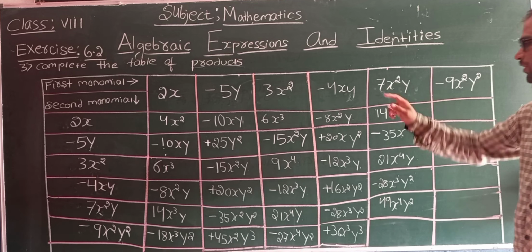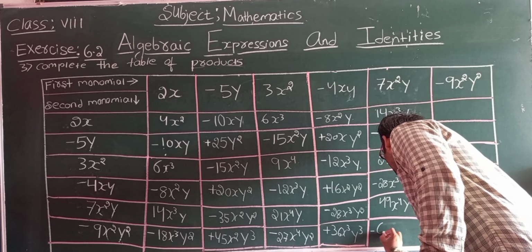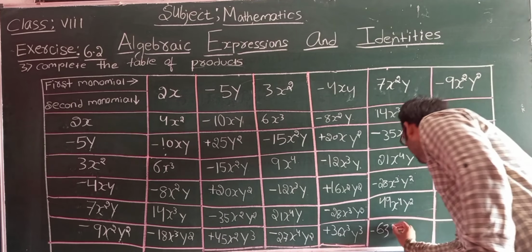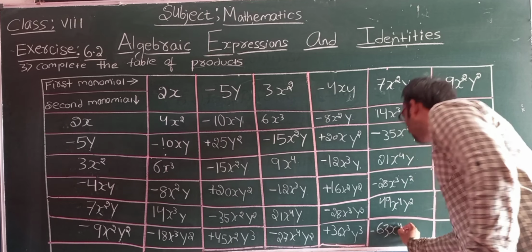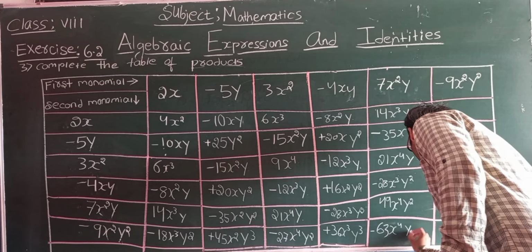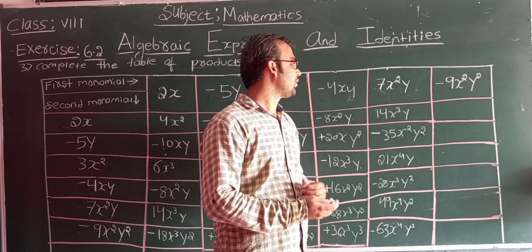So plus into minus will be minus, 7 nines are 63. X square into x square will be x to the power 4 and y square into y will be y to the power 3. So here we have completed the fifth column.